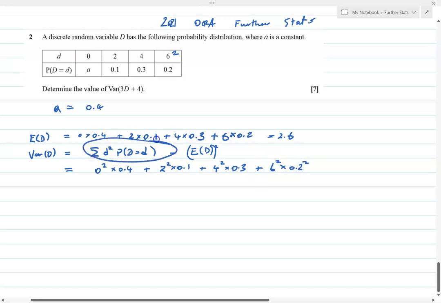That's that bit of the formula. But don't forget to take away the mean squared that we've already worked out, 2.6 squared, so that's equal to 5.64.